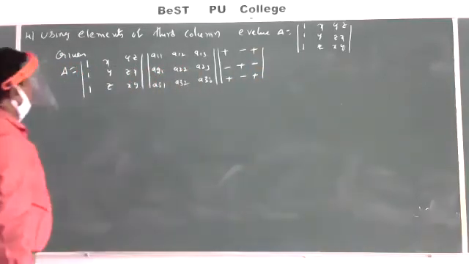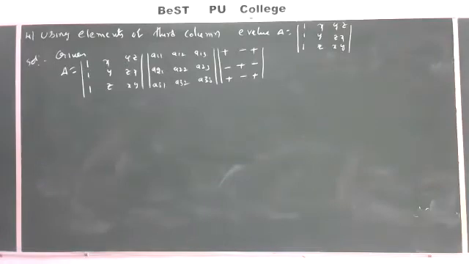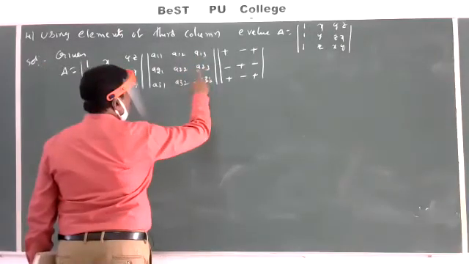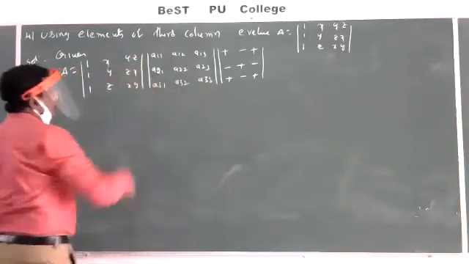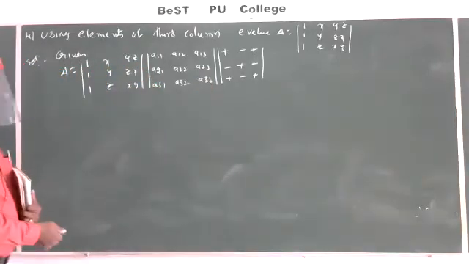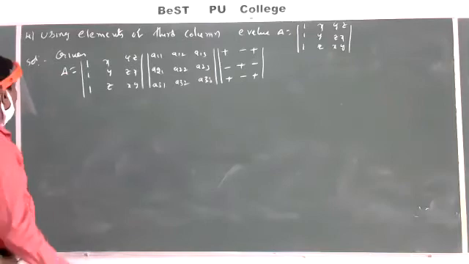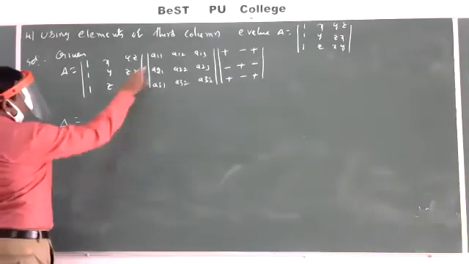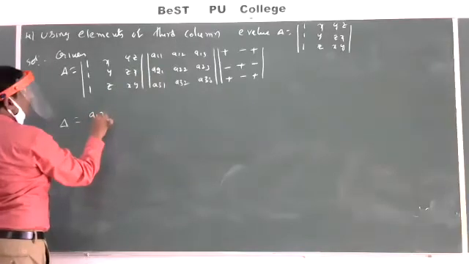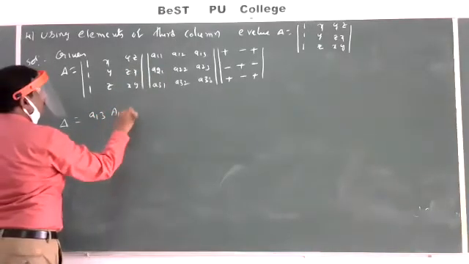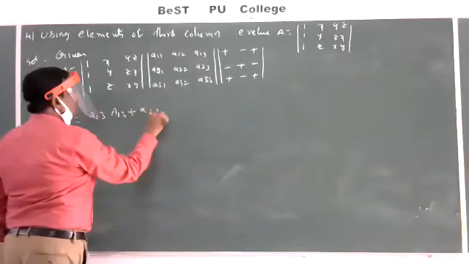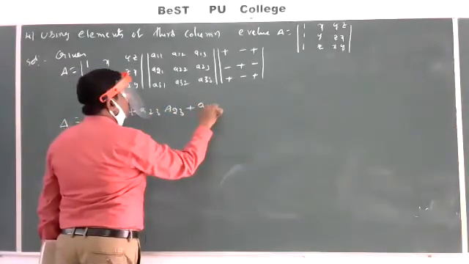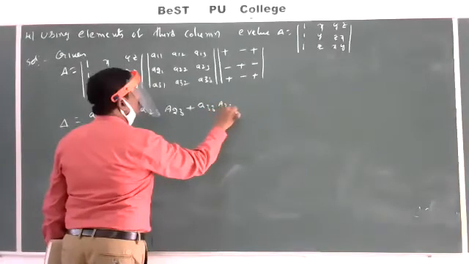Here, using the elements of the third column, that means A13, A23, A33, and the corresponding cofactors to evaluate this determinant value. Delta equals, using the third column, A13 times capital A13 plus A23 times capital A23 plus A33 times capital A33.